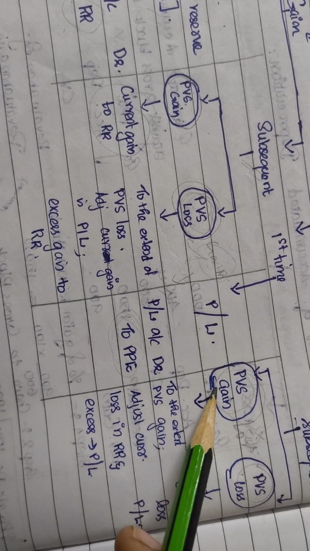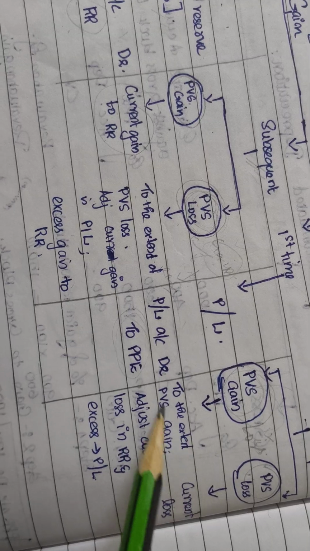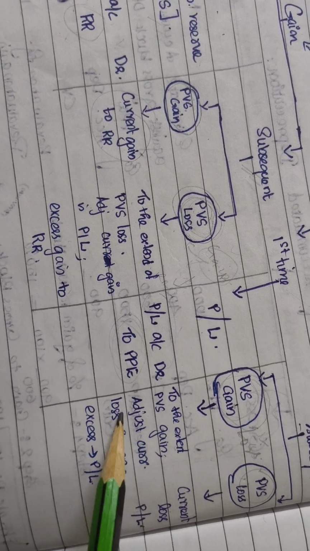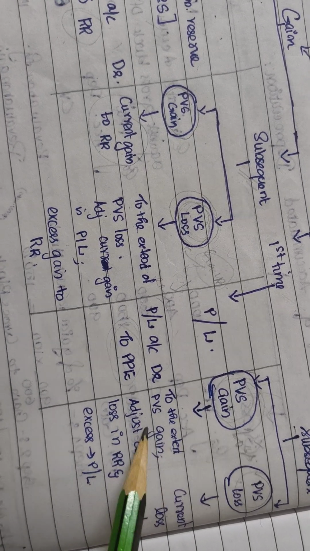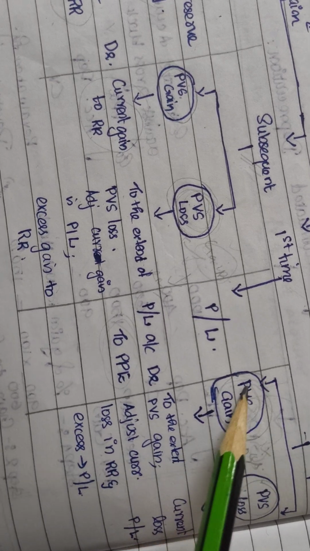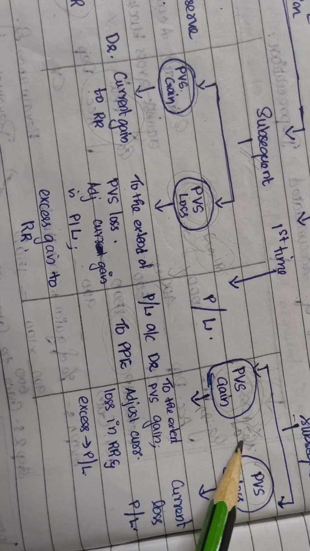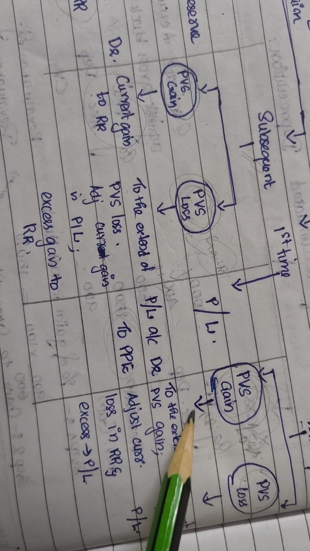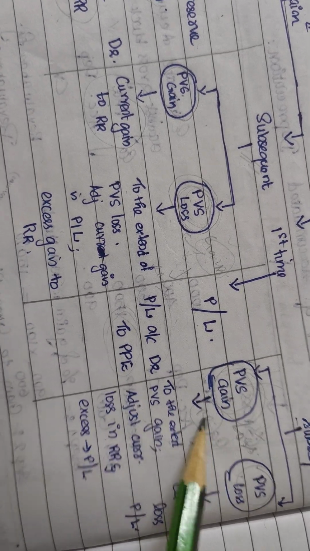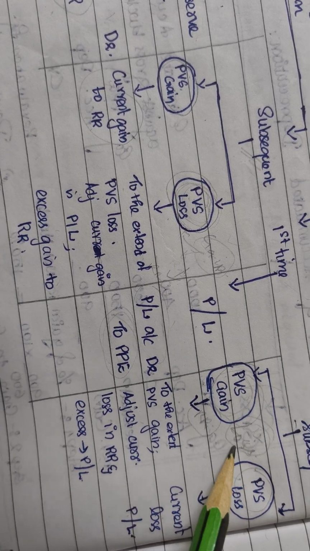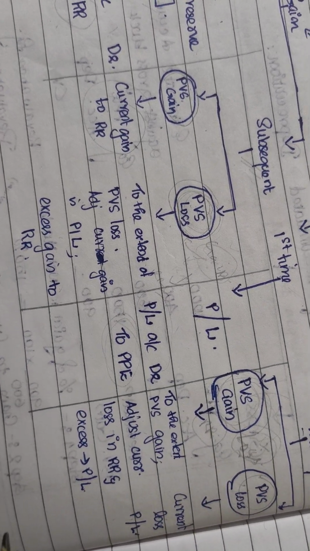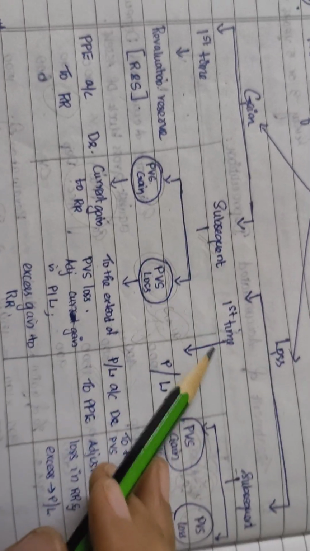To the extent of the previous year gain, we will adjust the current year loss in revaluation reserve. If there is any remaining loss, we will transfer it to P&L.